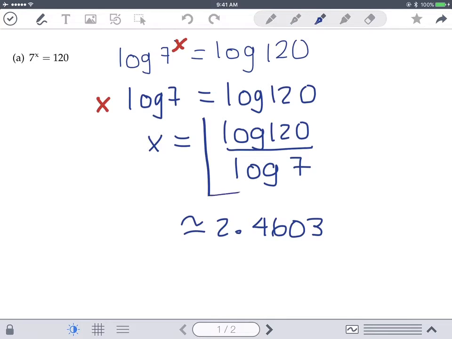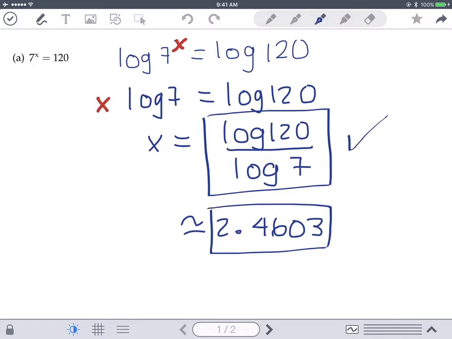If you leave it like that, you're not rounding. That's the exact answer. And then if you want to round, it's best to round just once like I did here. So if you have a calculator that has parentheses, you can do this and avoid a little bit of rounding.